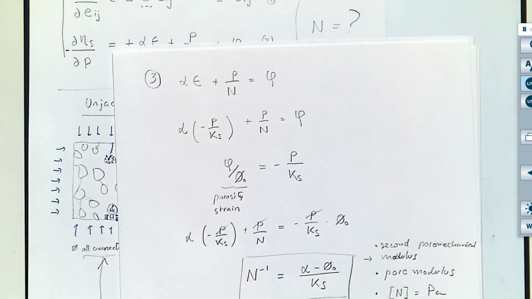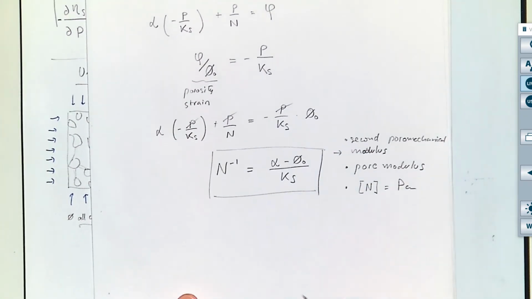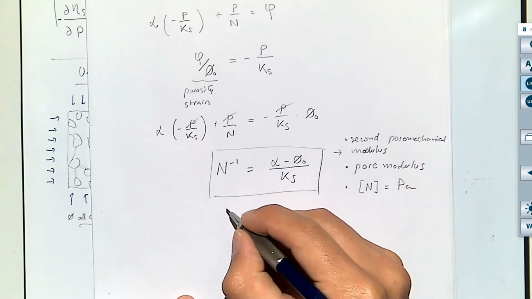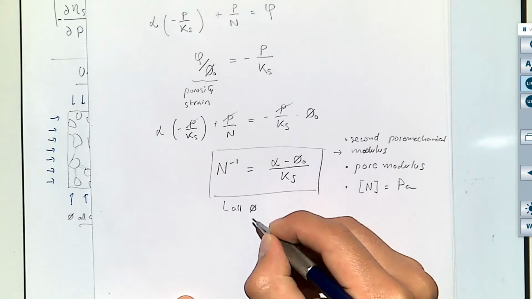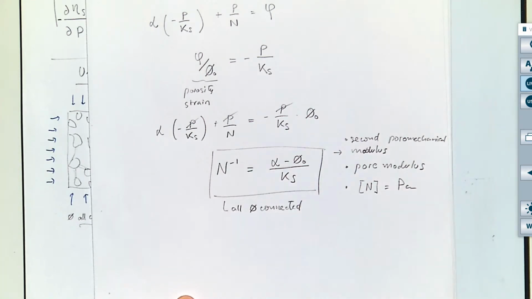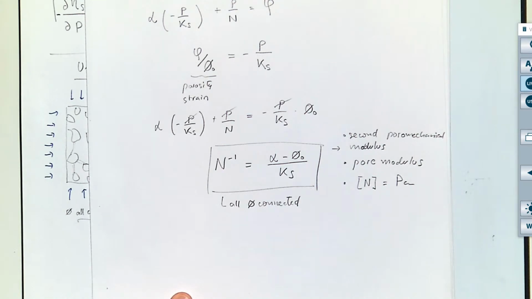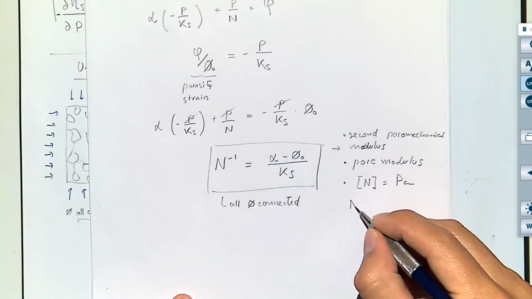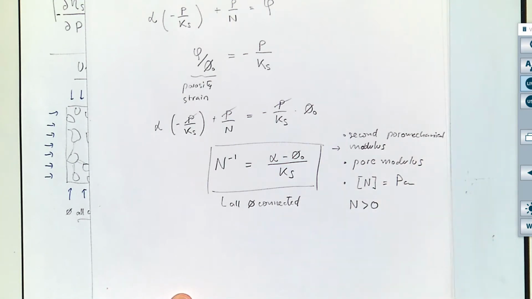And we found out that if we have a system with all porosity connected, this is the value of the Pore Modulus, where Ks is again the modulus of the solid part. And because it is a modulus, it has to be larger than 0.